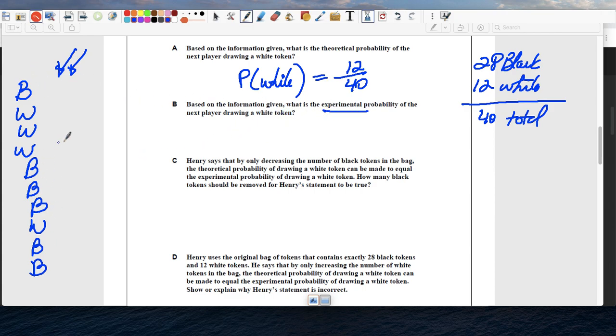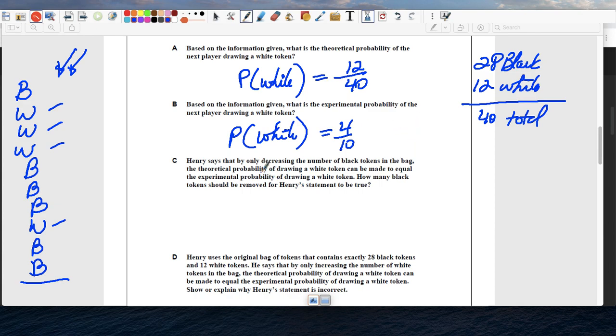Based on this experiment, what was the probability of getting white? Well, on the last 10 tries, how many whites came out? 1, 2, 3, 4. So the probability of white in the experiment was 4 out of 10.